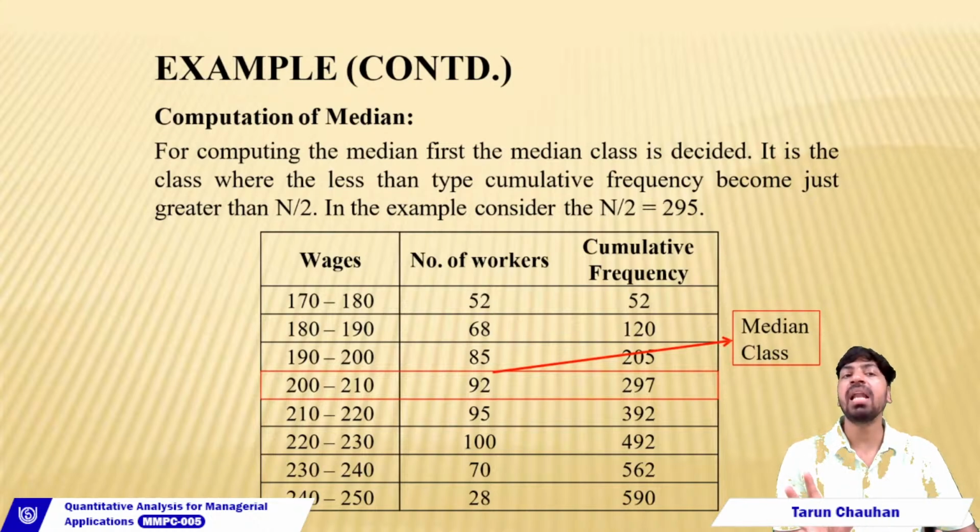This is not the value of the median. It is the term, the 295th term. And from the 295th term, you need to calculate the median, and there is a separate formula to calculate the median which will be used in the following question.